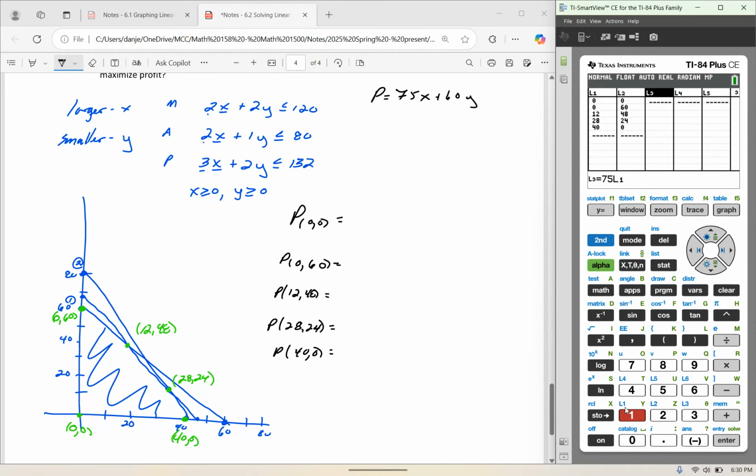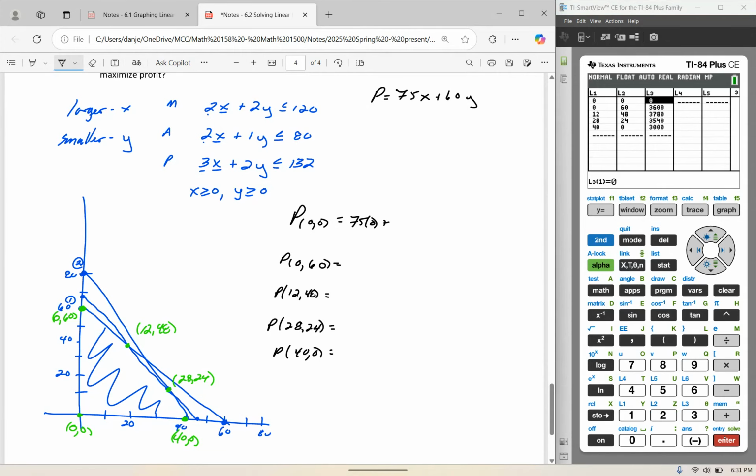So I'm going to do 75 times whatever the value is in L1, plus 60 times the y value, and the y values are in L2, so that was second L2. And notice when I press enter, it does all 5 multiplications at the same time.